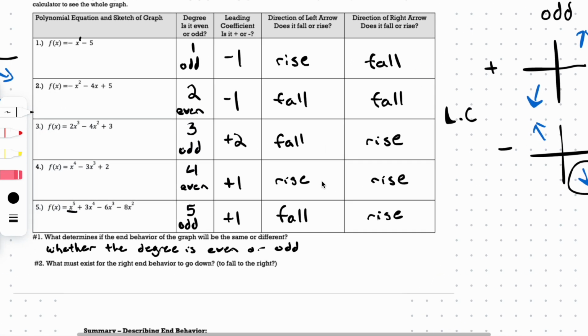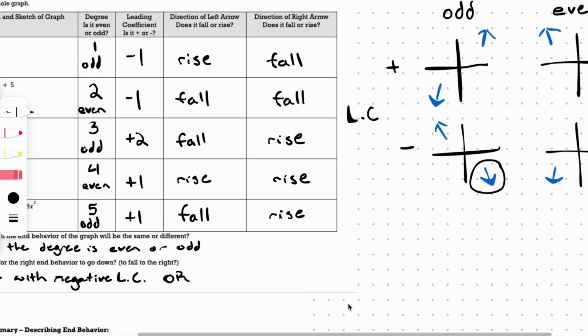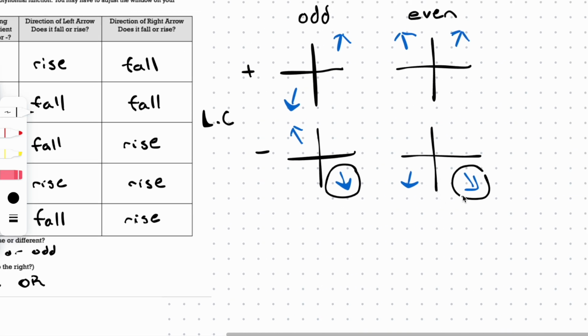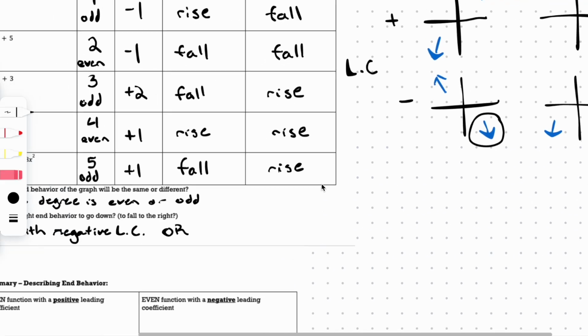So let's put that in here. Odd degree with negative LC, or we have, in this case, an even function with a negative leading coefficient.